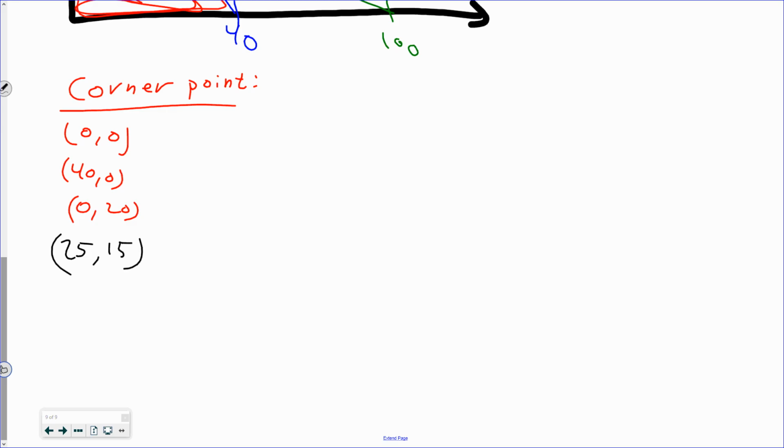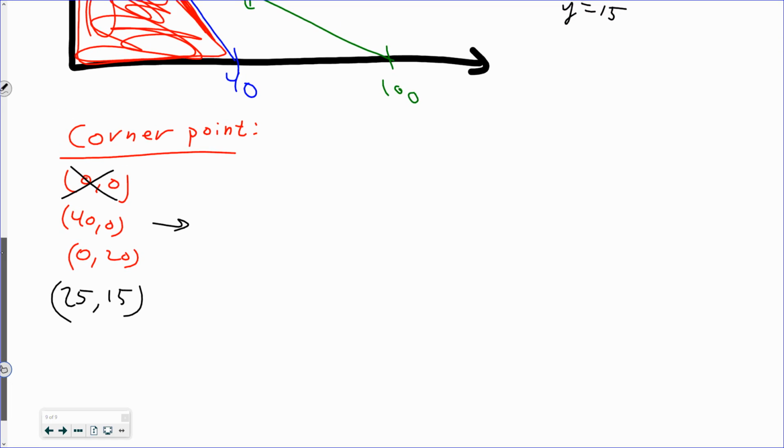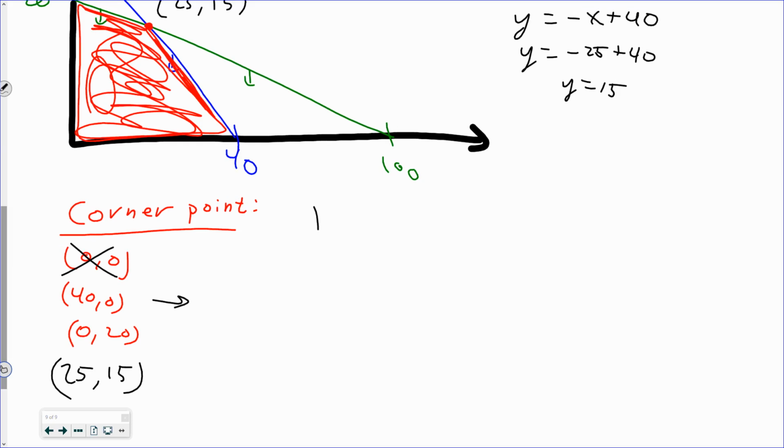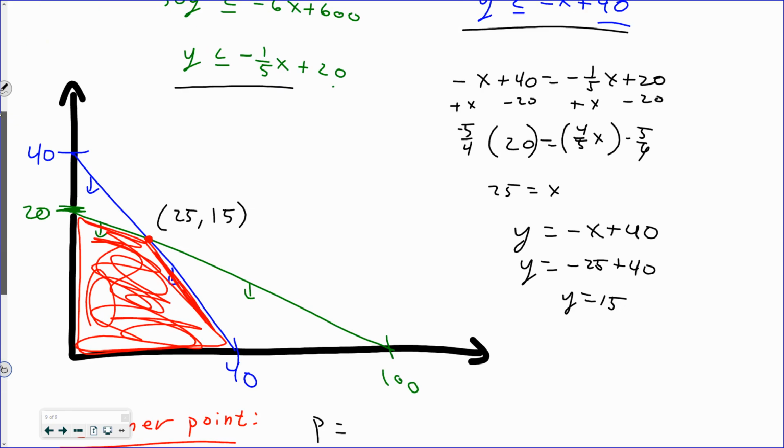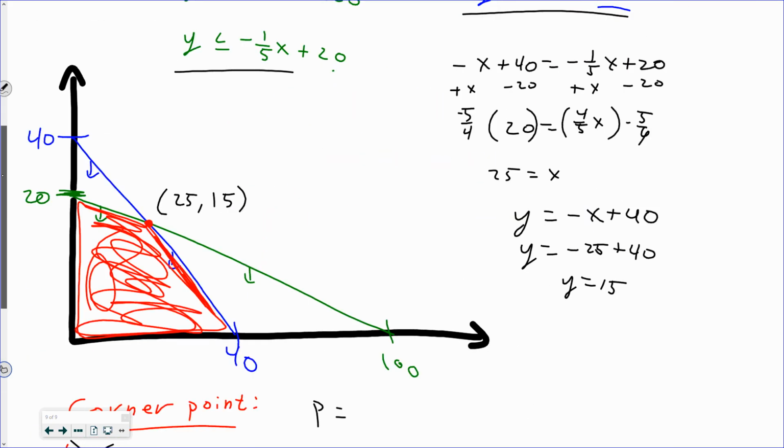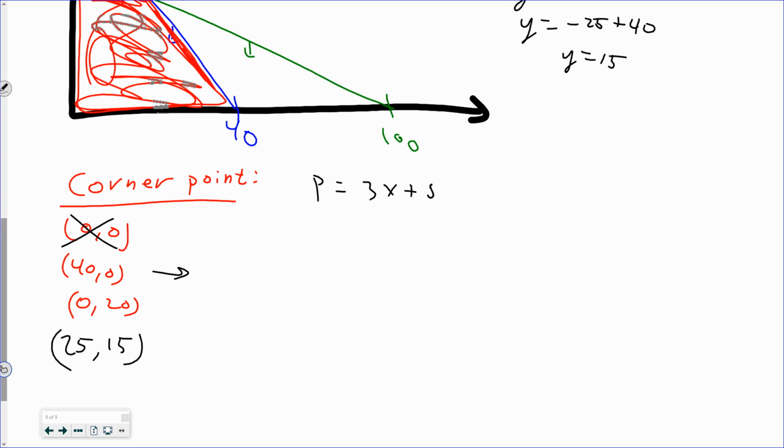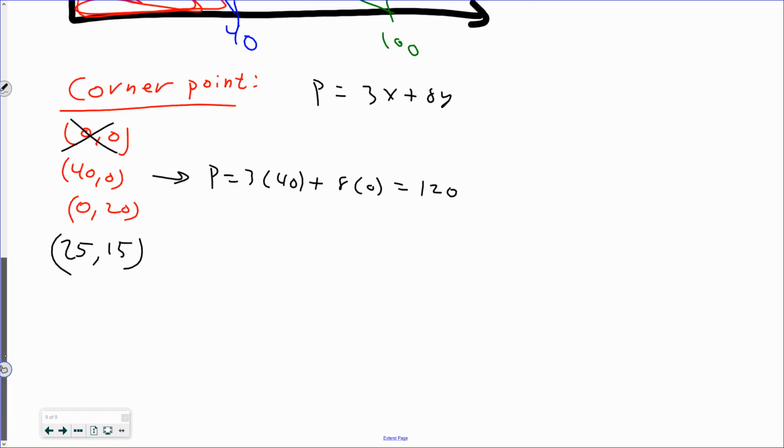So these are my 4 possible corner points, but honestly, you can cross out 0, 0 right away, because how are you going to maximize profit with 0 cars and 0 buses, right? So these 3, plug them in, see what you get. So for the first one, 40, 0, well, my objective function, you can rewrite it, 3x plus 8y. So the profit is 3 times 40 plus 8 times 0, or 120.